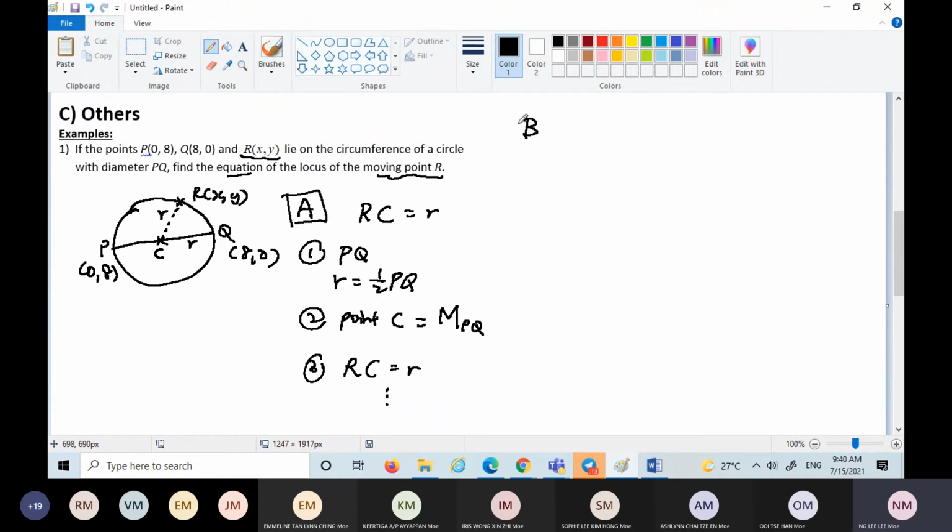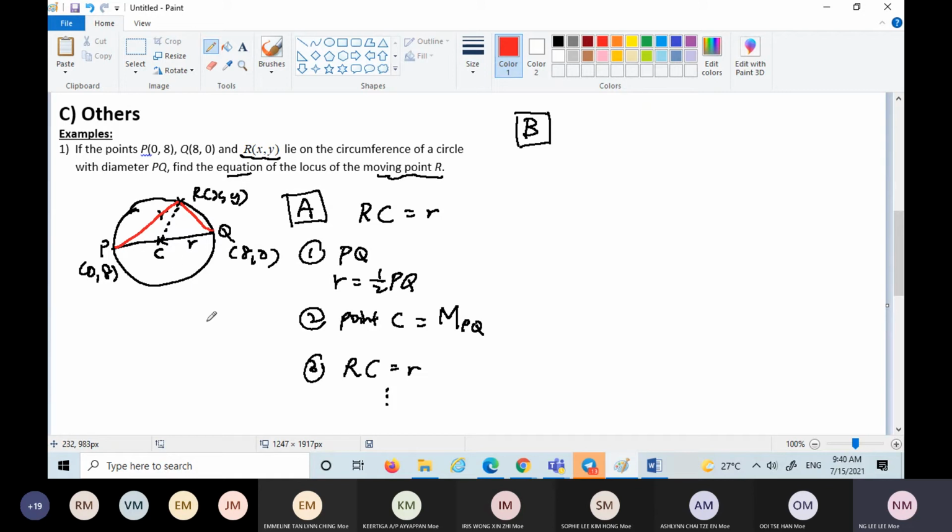Okay, now I have another method. I use red now. Now I draw it out. I join P to R, R to Q. Can you tell me something?